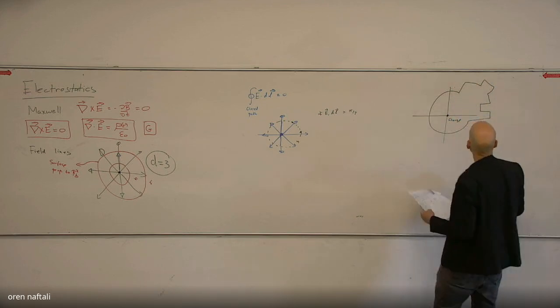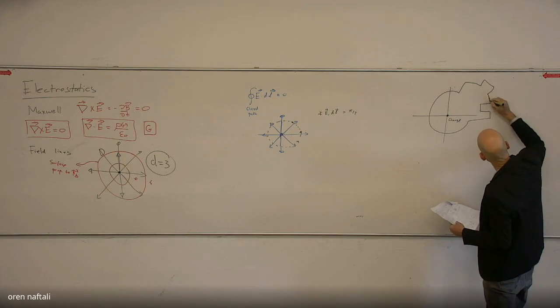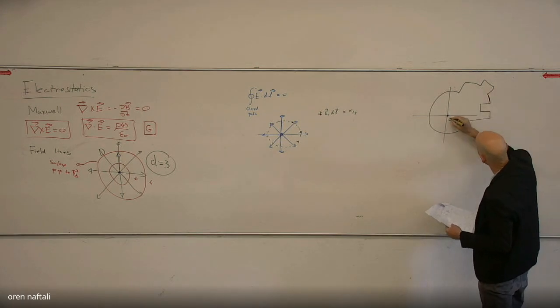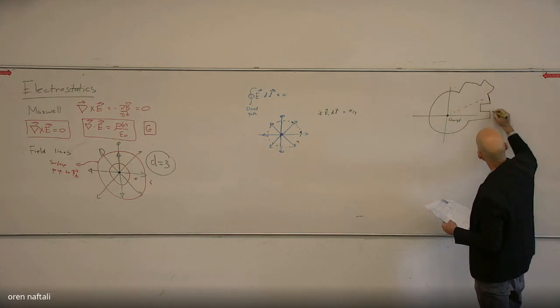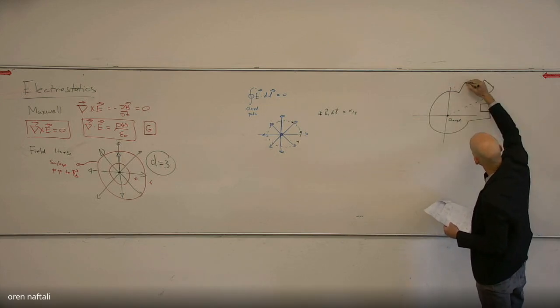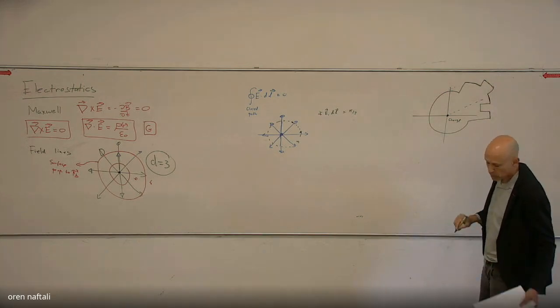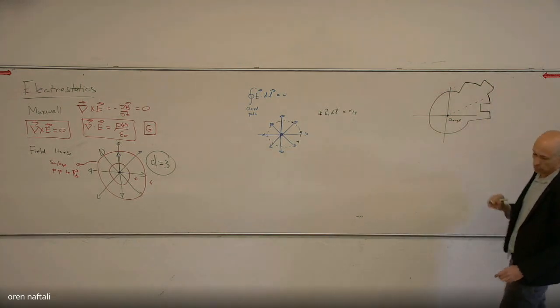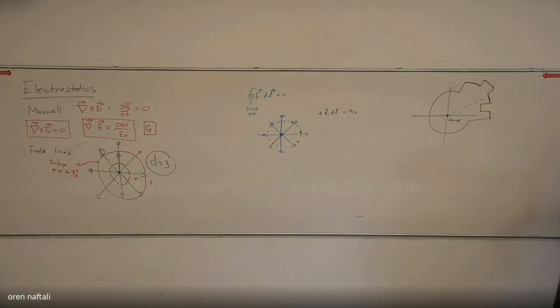Something like this. The idea here, I'm using not the most general path, but this is the center here. This one is in the center here, etc. This one is a small arc. I hope you understand. Now let us ask what is E·dl along this crazy path.